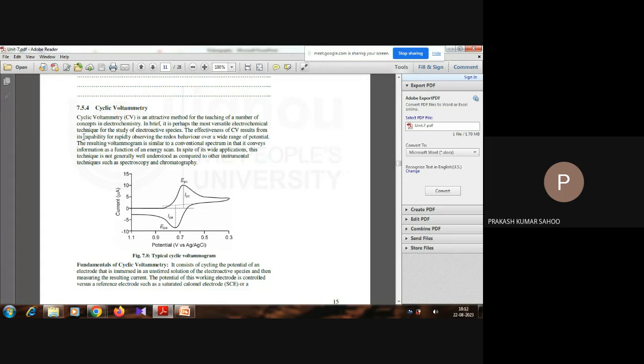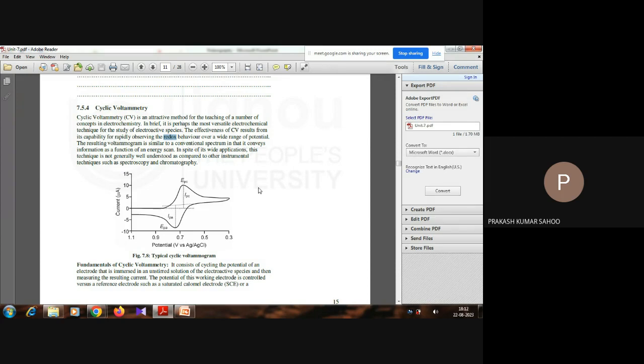It is very important, that is rapidly observing the redox behavior. That means a reaction where oxidation and reduction take place simultaneously. So in this type of cyclic voltammetry, we will have the redox behavior of the electroactive substance over a wide range of potential.